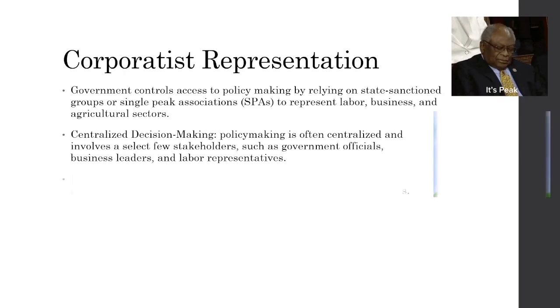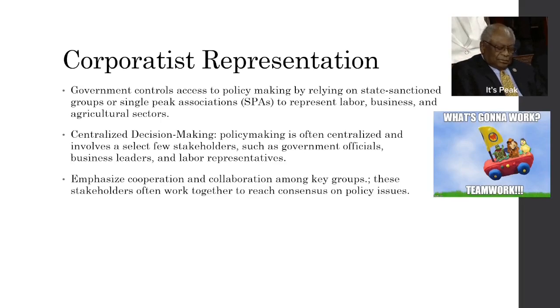So it's very centralized. They emphasize cooperation and collaboration among key groups, and these stakeholders often work together to reach consensus on policy issues. They're working with one another, not with the individuals in their businesses. Corporatist representation may limit participation to a select few influential groups.